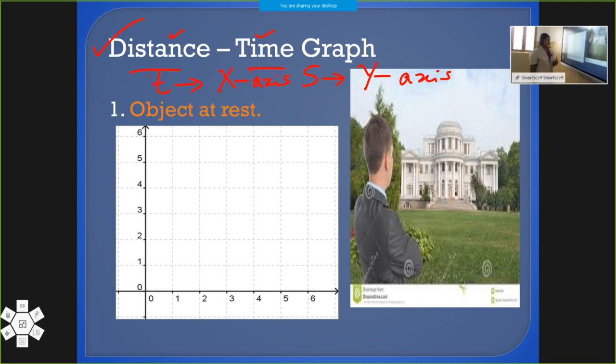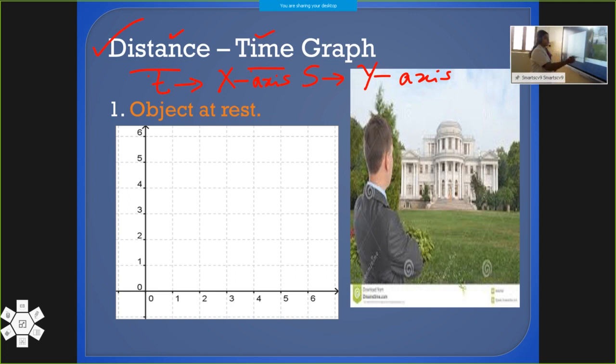Clear? Yes. So we can now consider different states of motion, and we can try to draw the distance time graph for that. Then we need to find the significance, why we need to draw this graph.